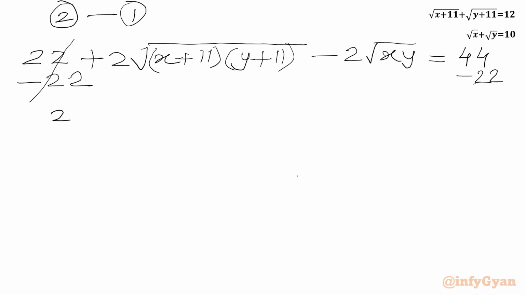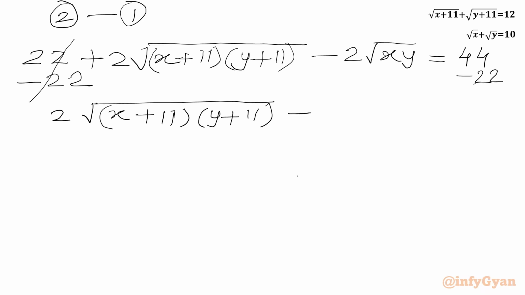We will write 2 times √((x+11)(y+11)) minus 2 times √(xy) equal to 44 minus 22 is 22. Now we can divide both sides by 2.